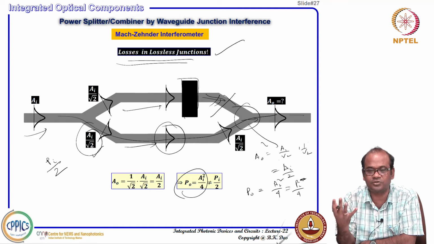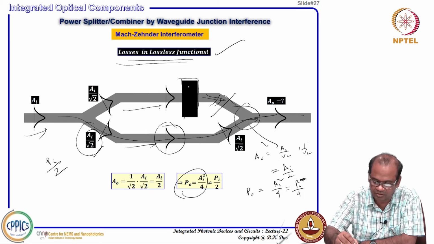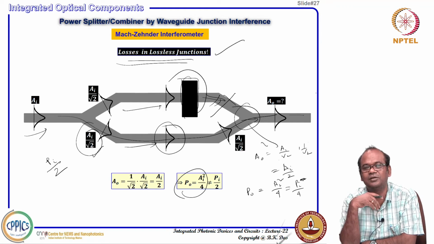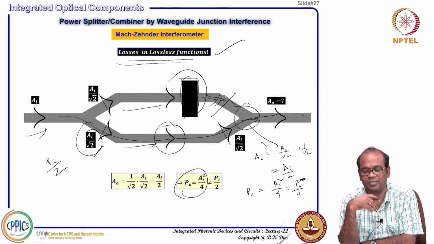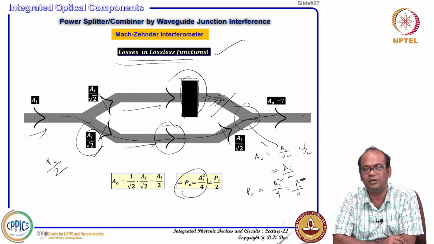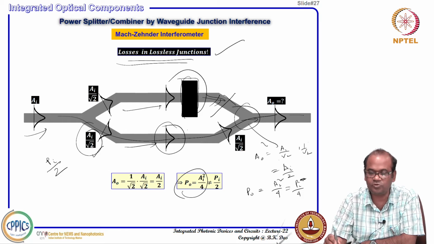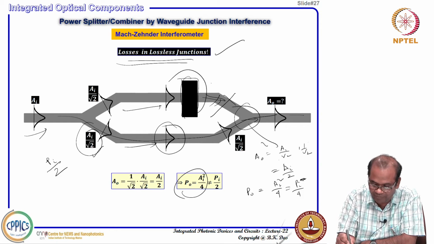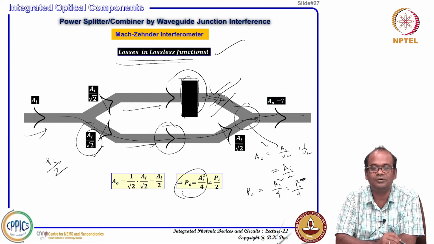This is a paradox. If you just remove this block, you would get everything here, and when you are stopping one arm you are not getting all the power in the output. Whatever power you are supposed to get, 50% is lost.